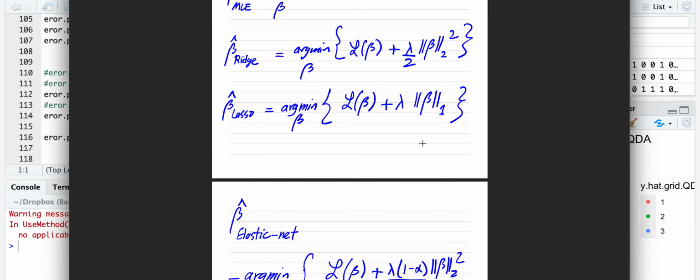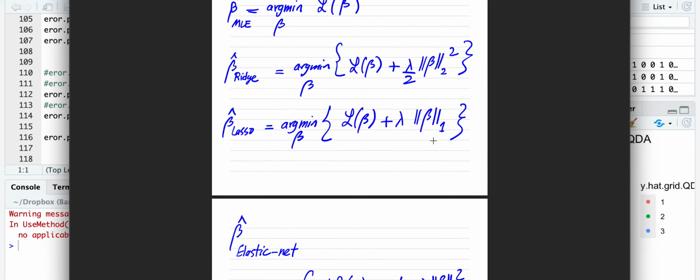There is another thing which is very important. If we have collinearity, meaning that there are features that are strongly correlated and they are associated with the response, what lasso will do is clamp all of them except one to 0.